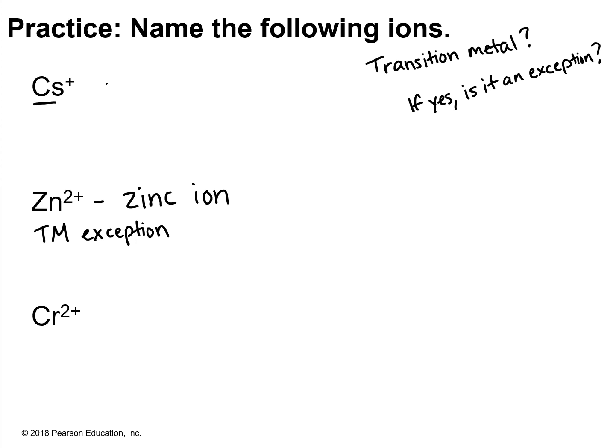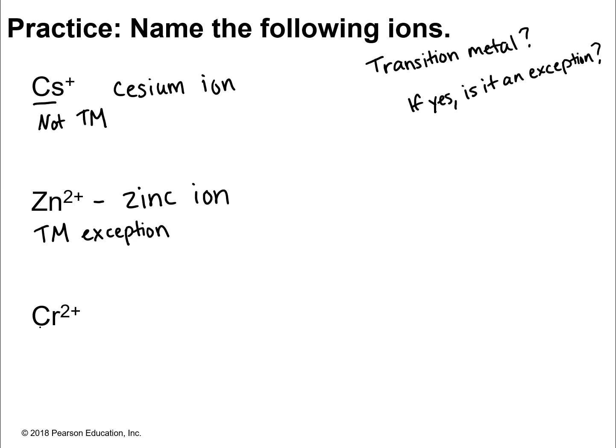It's not. So it's not a transition metal. For that, the rule is you just write the name of the element and then the word ion. The name of it is cesium, the word ion. Boom, done.